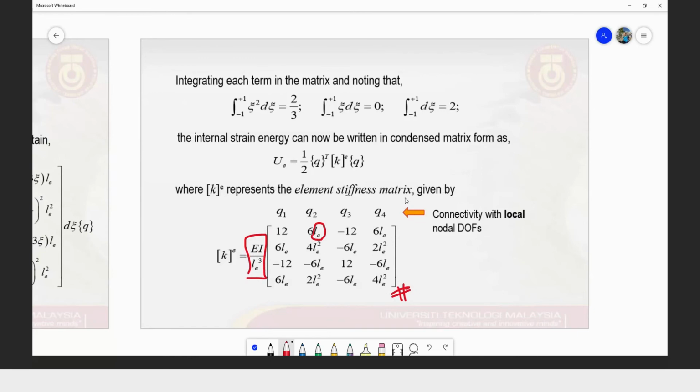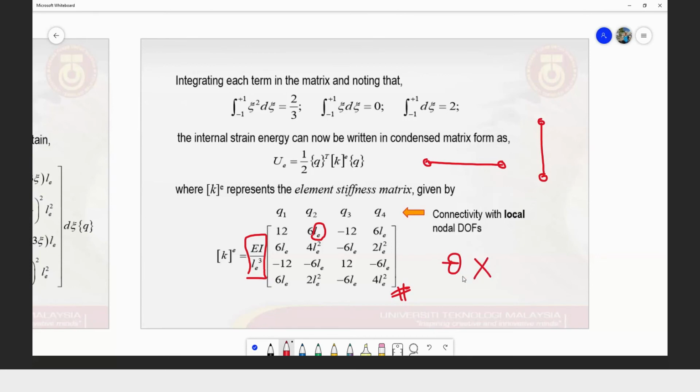Sebab untuk beam, our beam is often solved for a perfectly horizontal beam ataupun dia in perfectly vertical directions of the beam. So dia tak ada influence by the angles dekat sini. So theta is not involved here.